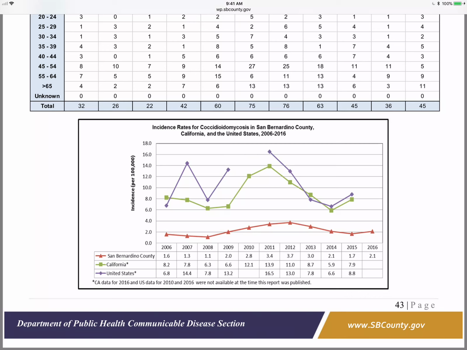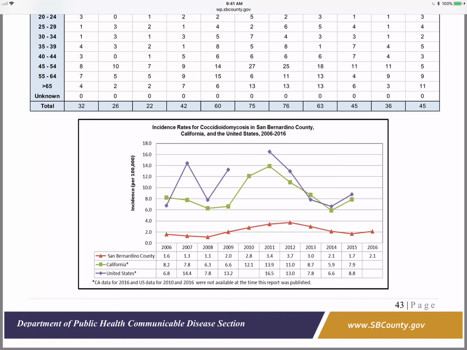But all of a sudden, maybe you have a training session for physicians, or a new type of test comes out that's more accurate or more precise. And so all of a sudden, you might see an increase in cases, and you might be thinking, hey, we're putting all this money towards this particular disease. Why is it going up?